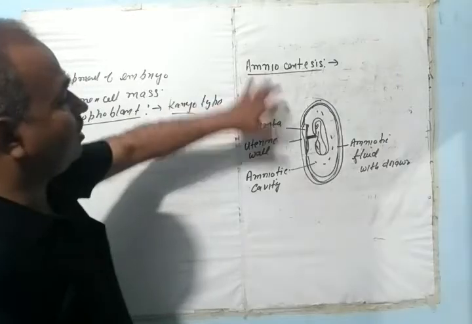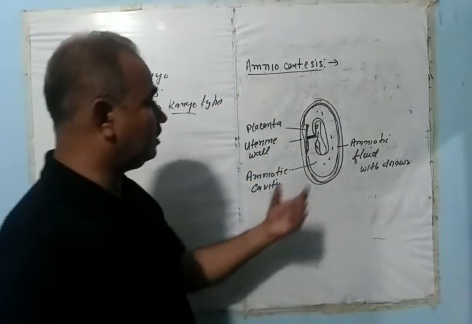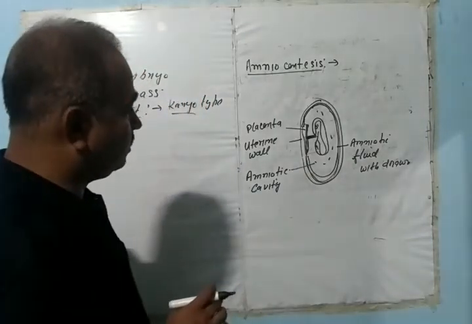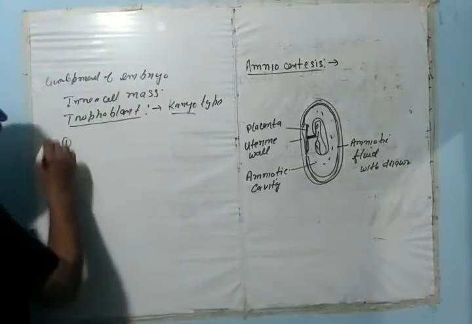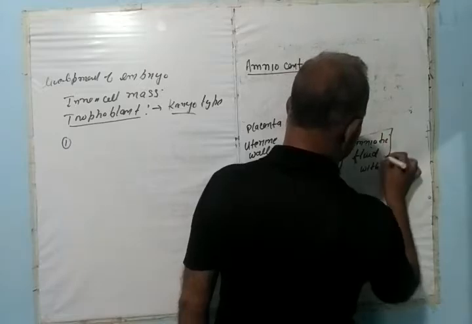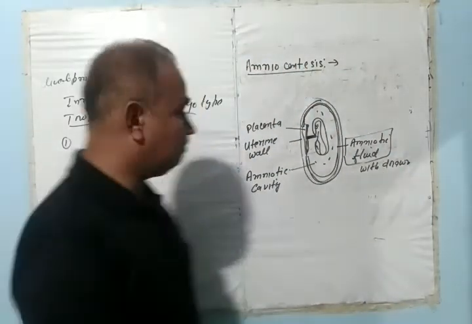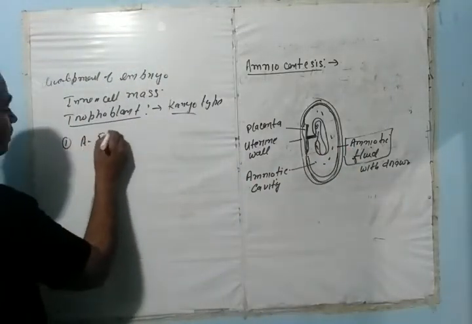These tactics are used in a very early developing period when the amniotic fluid is developed. In this case, first of all, in the first step, we take the amniotic fluid with the help of a syringe.